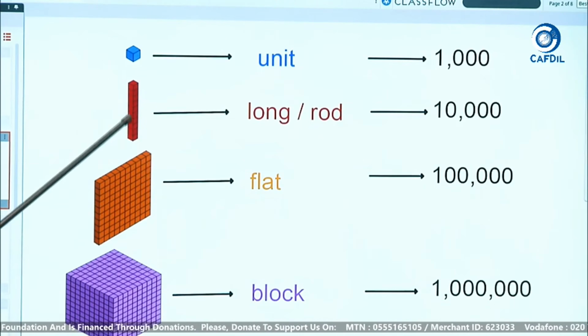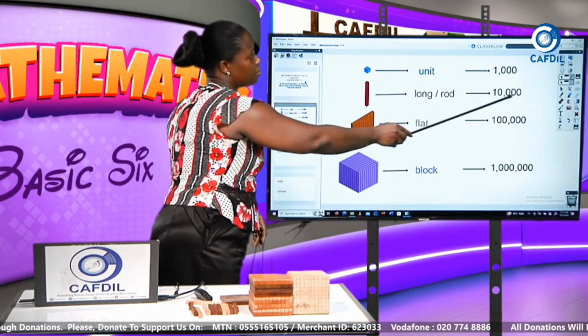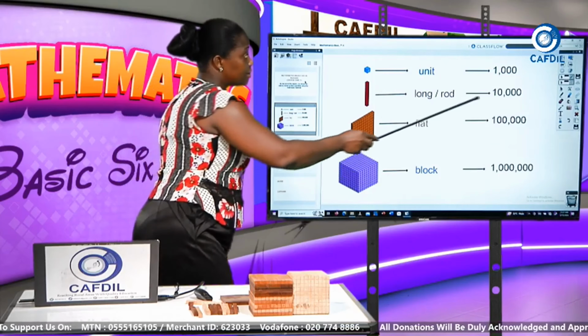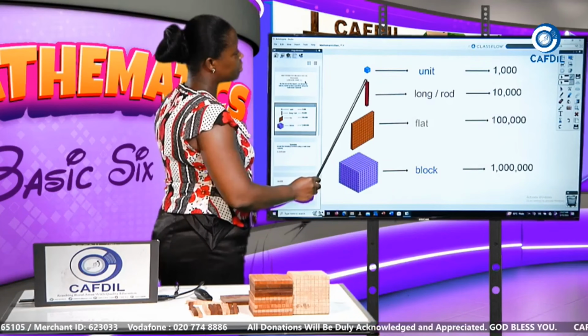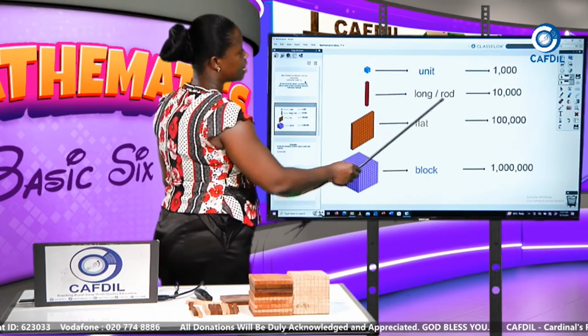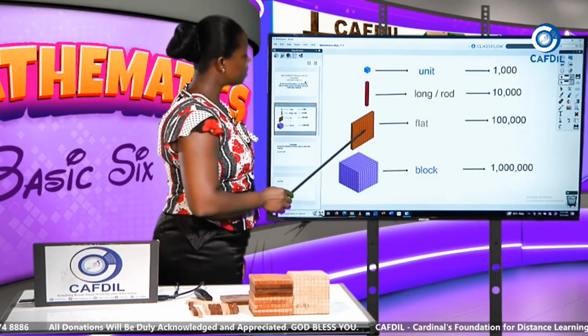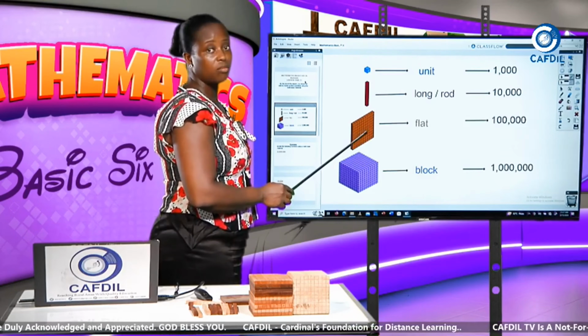And then the long or the rod. What is the value, learners? That is 10,000. This is the long, the name, and then its value, 10,000. We have the flats. You remember I showed them to you.